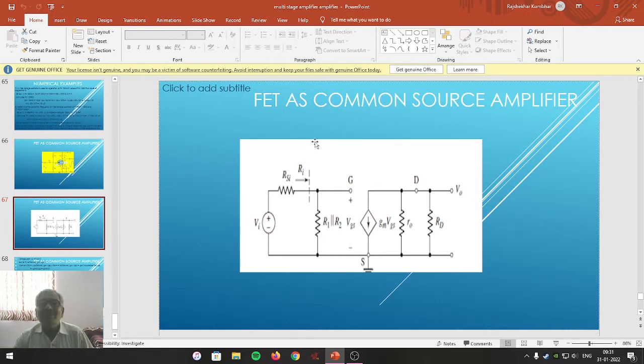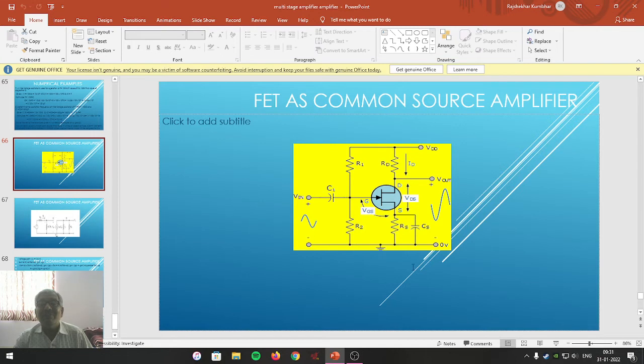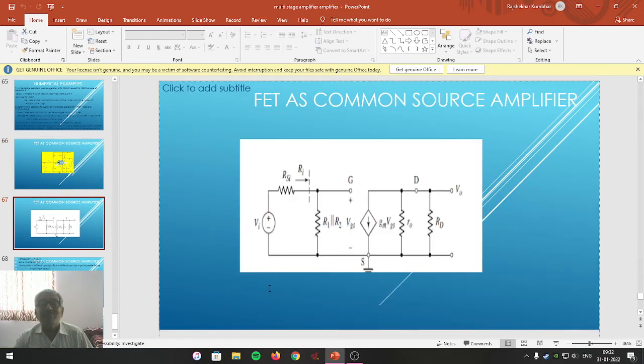Almost all these parameters we are interested to calculate, and to calculate them, the model we have considered here is a small signal model of the FET as a common source amplifier. This model is derived from the original circuitry. Friends, by using this small signal equivalent circuit, let me proceed to analyze the FET as a common source amplifier.